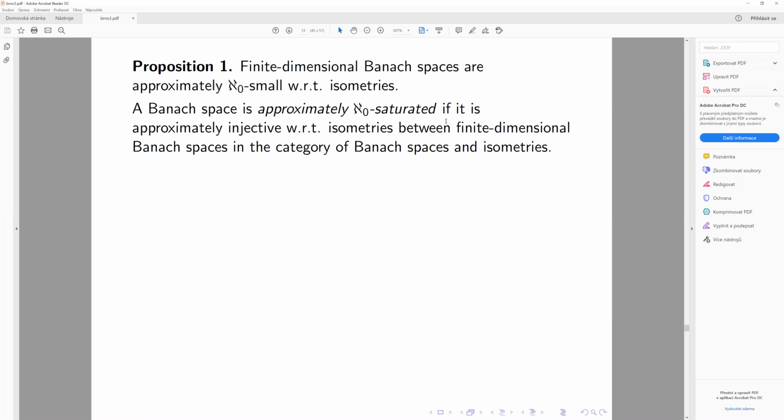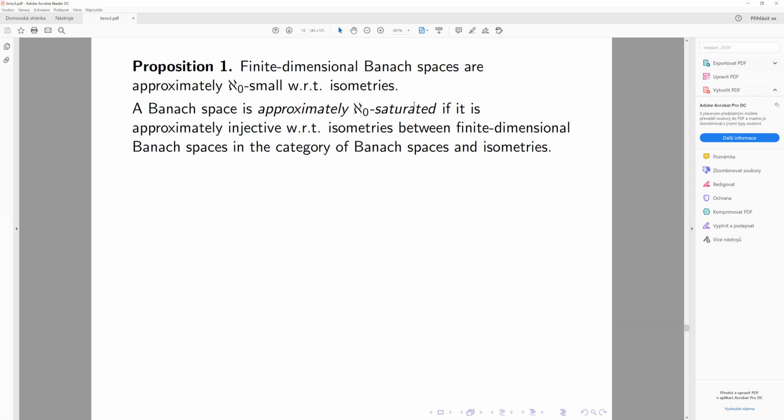You see, this is really the distinction between injective and saturated, because it's not automatic that this extension is isometric, and that's not always true. Yes, so this is the definition.